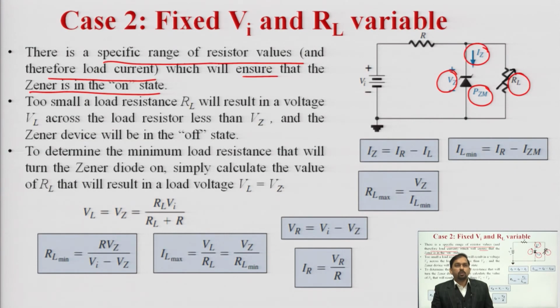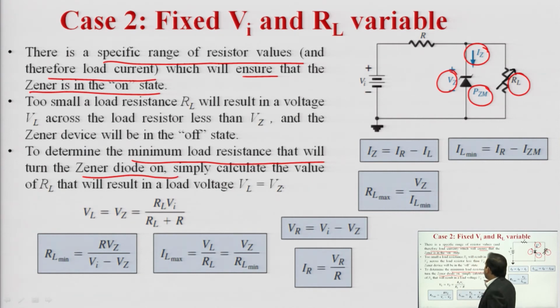RL must have some minimum value so that the voltage across the load resistance VL is equal to Vz; only then will the circuit work as a regulator. Otherwise, if the load resistance is very small, it will not work as a regulator, meaning the Zener diode will not be on. So, to determine the minimum load resistance that will turn the Zener diode on, we just use the limiting case, that VL equals Vz.